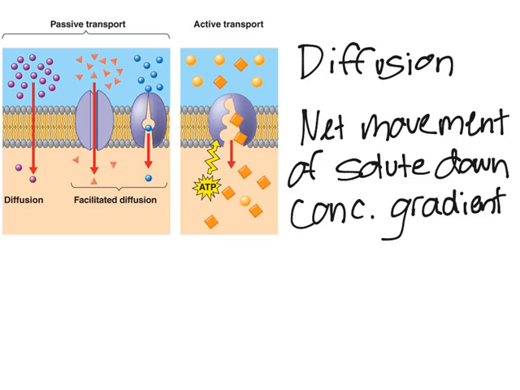And so essentially what it's saying is, imagine you take a drop of fruit coloring and drop it into a cup of water. At first where it's dropped is going to be very concentrated, and so eventually you see the color begin to spread out, and that's an example of diffusion. It's just going from an area of high concentration to an area of low concentration, which is the same thing as net movement of solute down the concentration gradient.